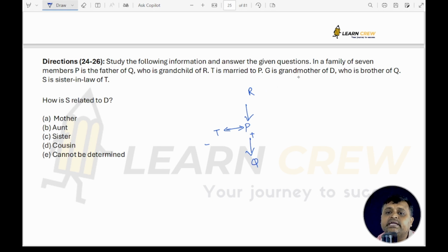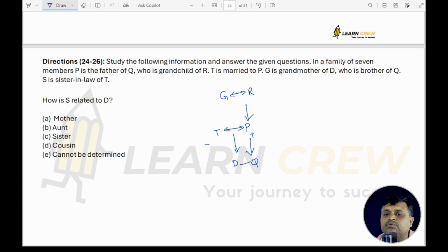Next, G is the grandmother of D means G and R are a married couple, so D will come here.